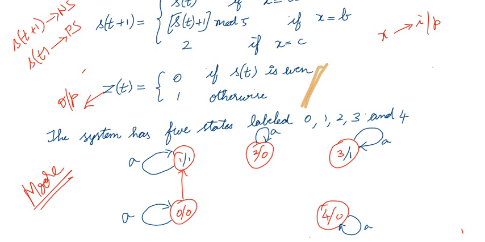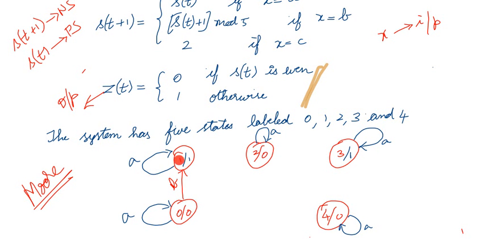Present state is 0, so 0 plus 1 is 1, that is we go to the state 1. From state 0, we go to the state 1.